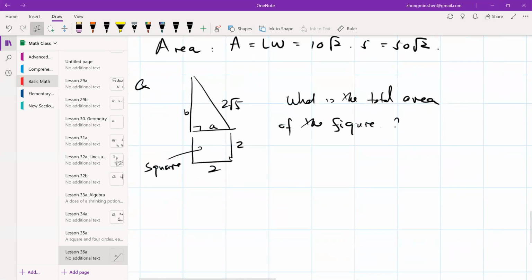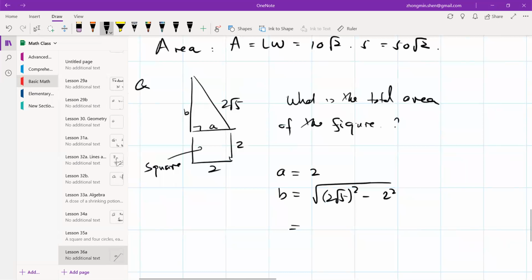So in order to find the total area, you just need to find the area of the triangle. But clearly, A is going to be 2. Once you get A, you can get B. B is going to be the square root of 2 root 5 squared minus 2 squared, right? By the Pythagorean theorem, it's a right triangle. I switched them around.